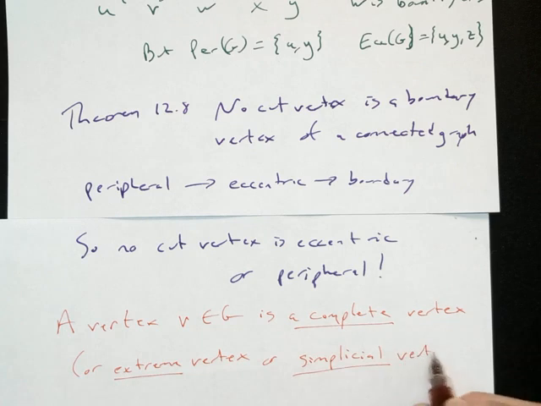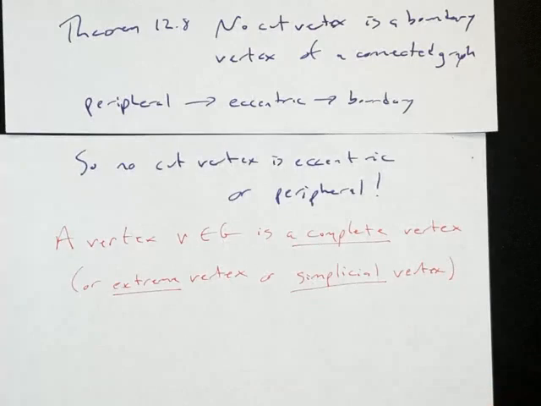A vertex is a complete vertex, also called an extreme vertex, also called a simplicial vertex. Now that comes from the word simplex, which is a geometry term, which you may or may not hear next semester. But a simplex is like a building block in however many dimensions.